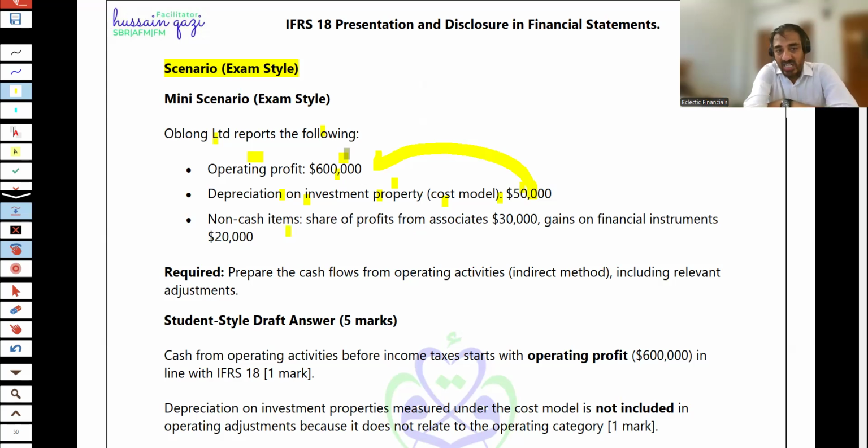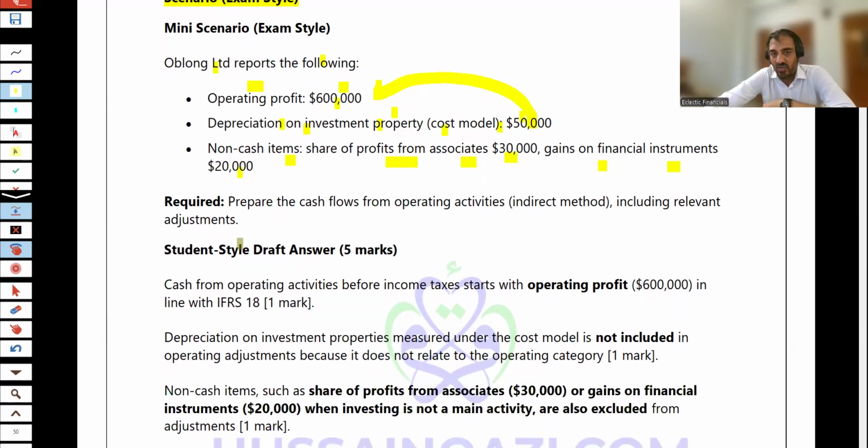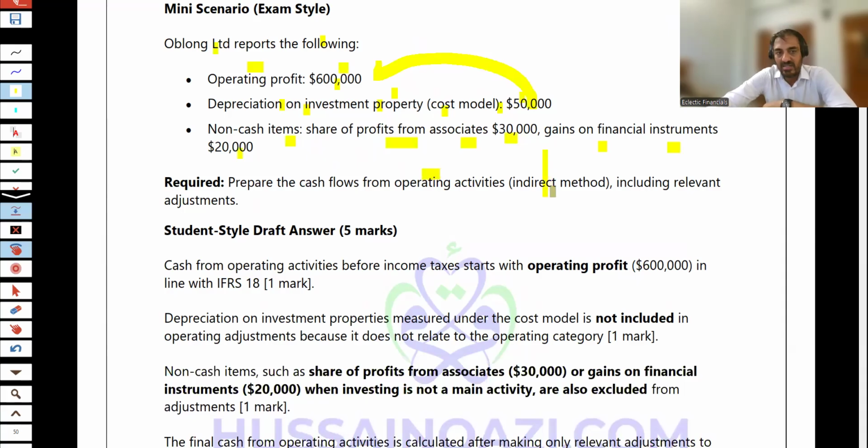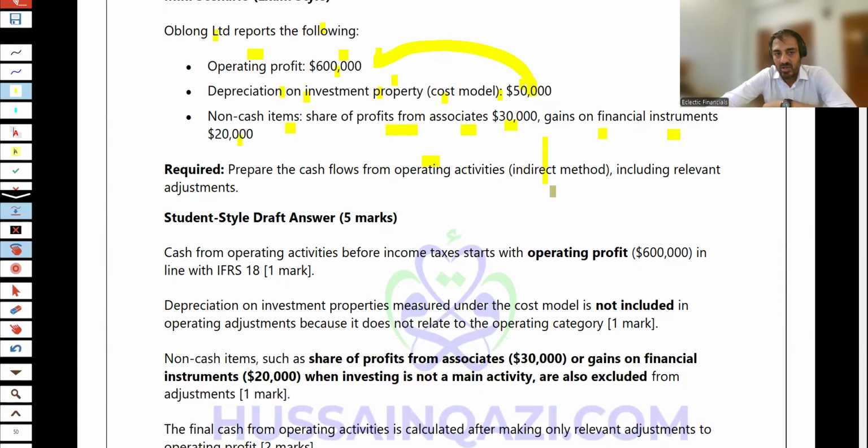Share of profit of associate 30,000 and gain on financial instruments. Two things, non-cash items. Prepare cash flow from operating activity in direct method. Quickly, prepare and explain. Cash flow from operating activity before income tax starts with operating profit 600,000.